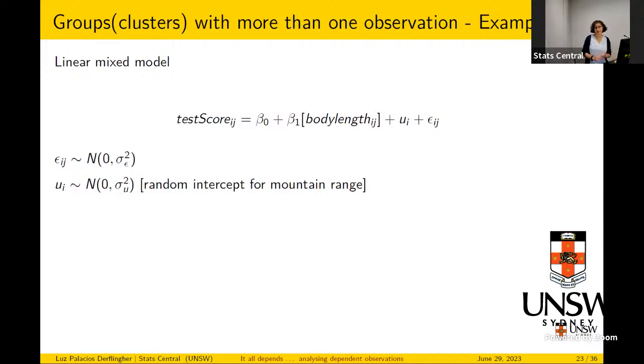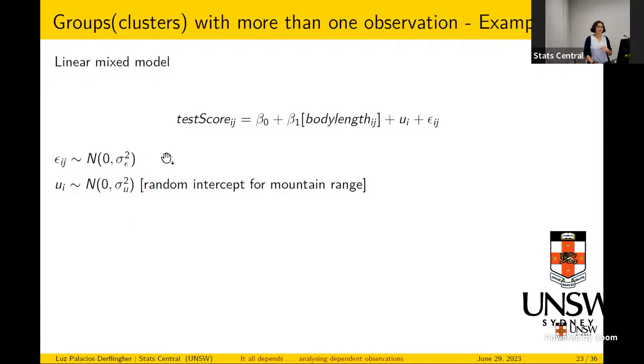So that's one reason. Another reason is we could assume that we have the 8 mountain ranges coming from a sample from a bigger population of mountain ranges, and we're only measuring that. Another one would be, we have 8 mountain ranges.